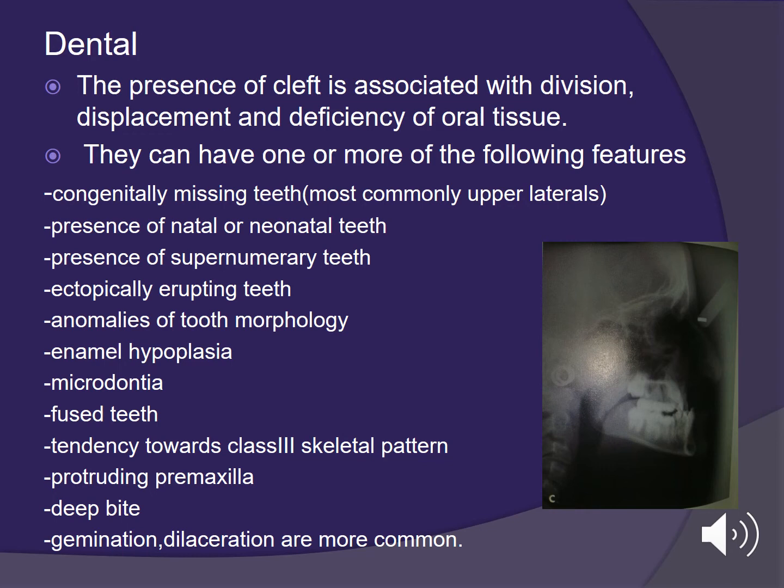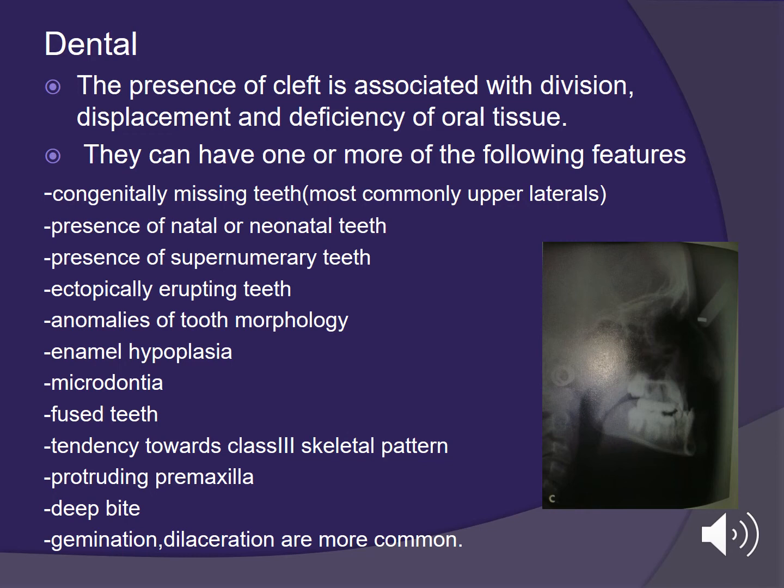They may have presence of supernumerary teeth, especially at the line of cleft. They also may have ectopically erupting teeth, for example, canine. Usually, the cleft will extend at the lateral incisor area, and then the patient will have a missing lateral incisor.